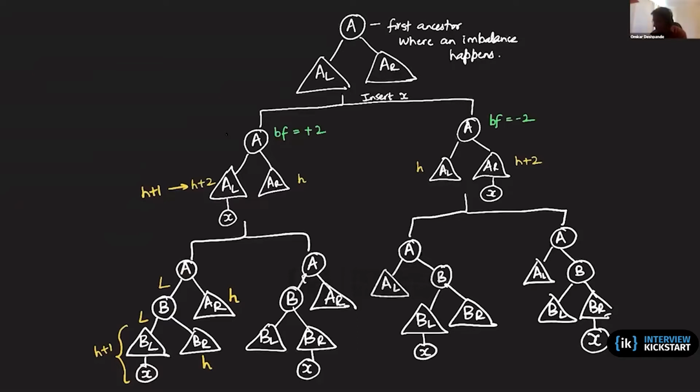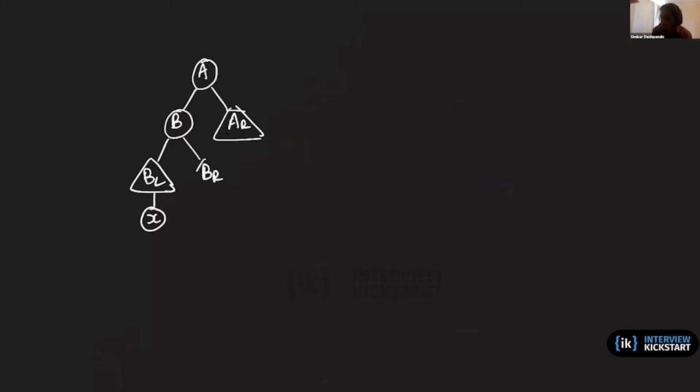I'm just going to copy this since there is not enough space there. A, B, A sub R, B sub L, under it is X, B sub R is like that.